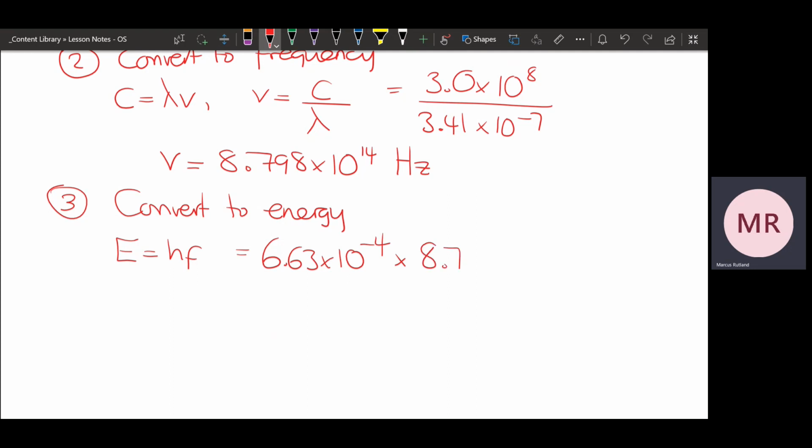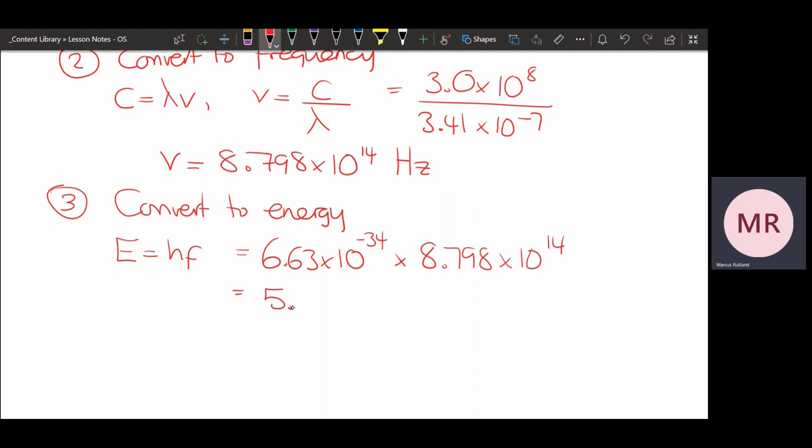We've found 8.798, sorry, I've just realized I've written rubbish, times 10 to the 14. And so if I multiply that by 6.63 times 10 to the minus 34, we get down, if you remember before, the energy required to break one bond is tiny.